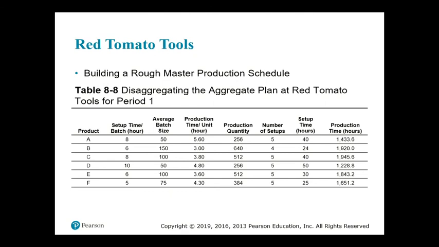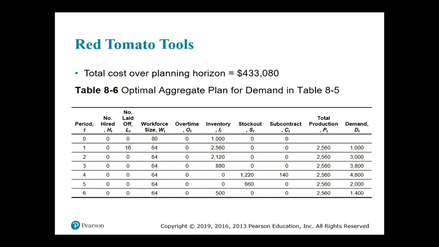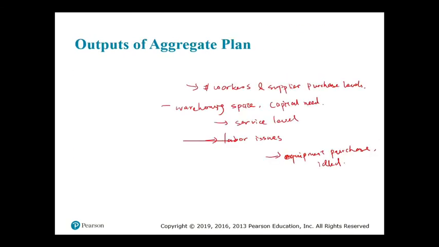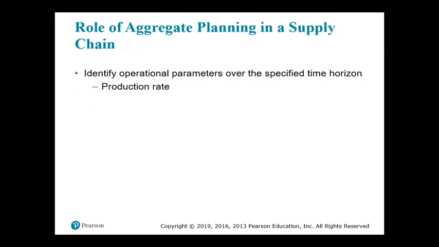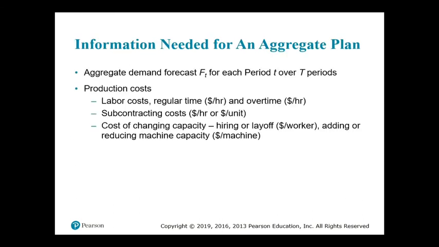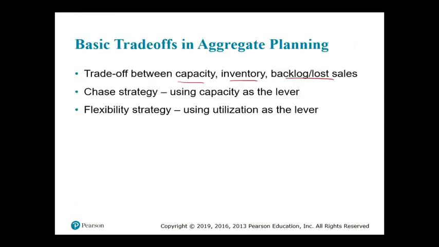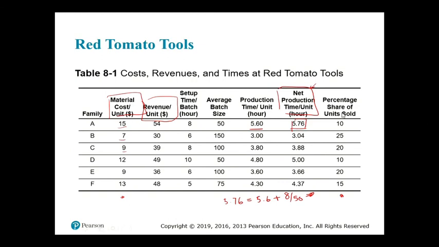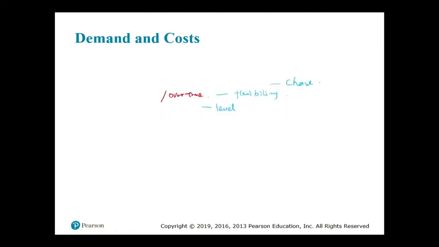And this is very easily generated from the aggregate plan. Since our aggregate planning decision has already determined the total production quantity, we can use this total production quantity per month and our initial inputs of sales allocation percentages to calculate the number of products for each family of products.